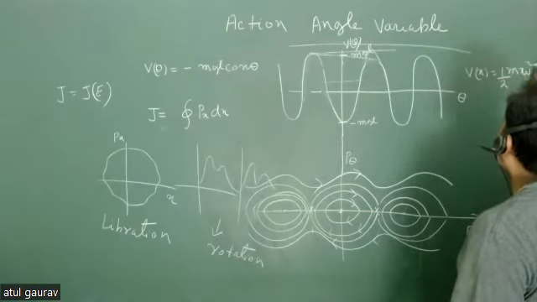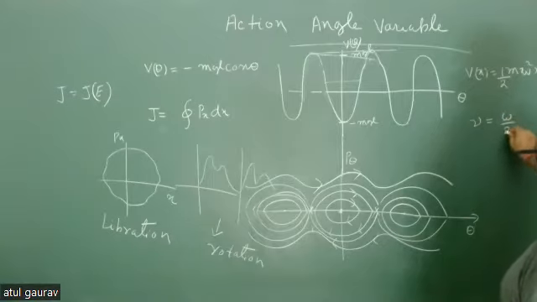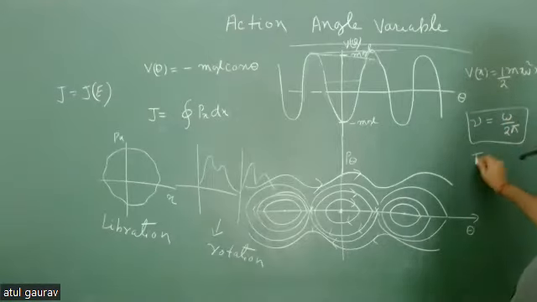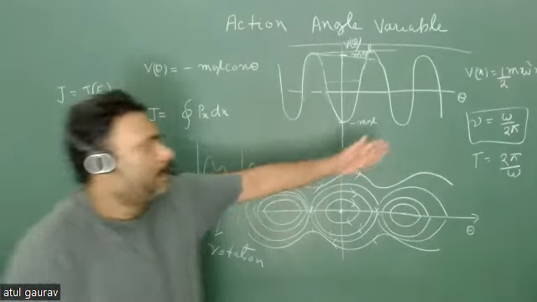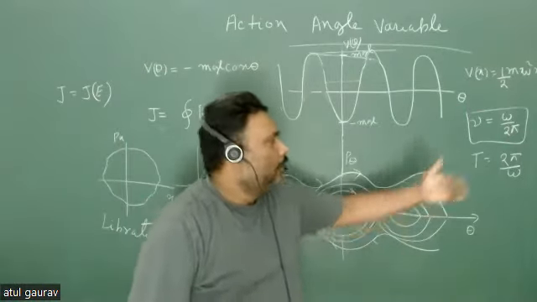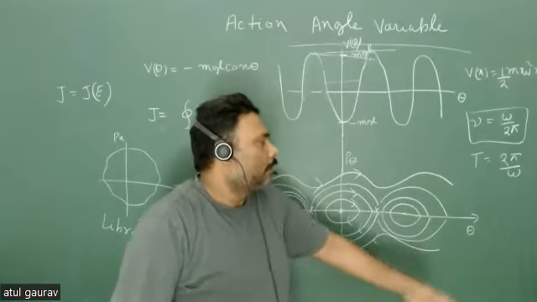What will be the frequency of oscillation? Omega upon 2 pi, isn't it? And what is the time period? 2 pi by omega. We know this result. This is a well defined, well explained result for any harmonic oscillator performing oscillatory motion.